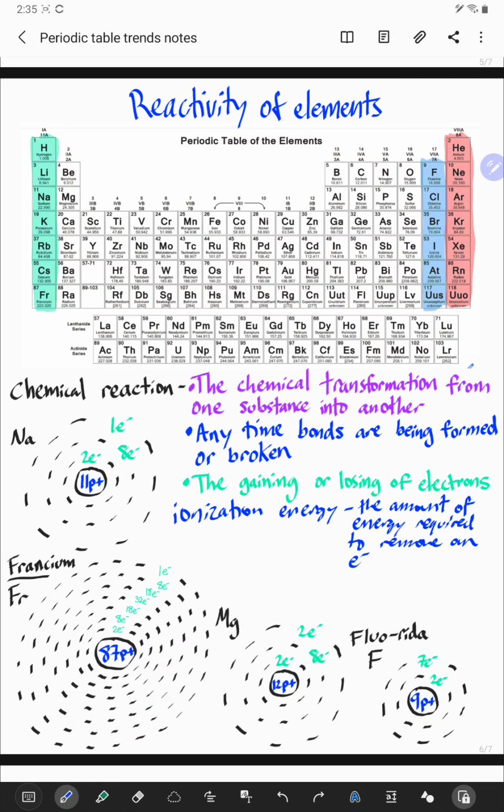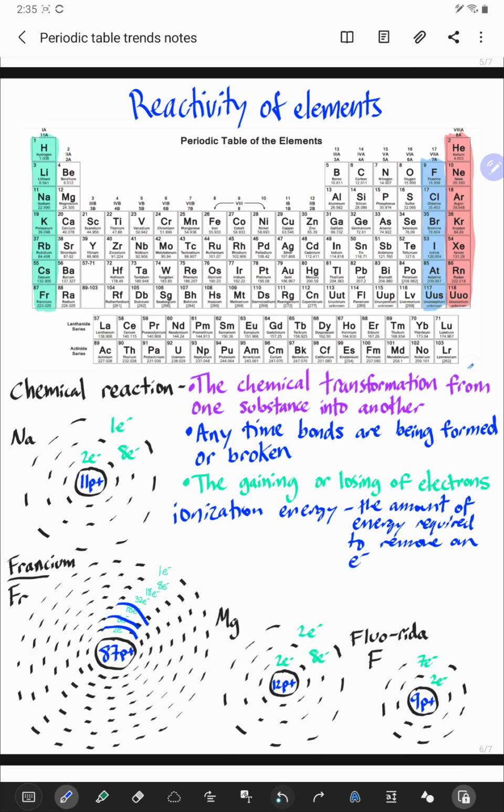It's pretty far from the nucleus, so the attracting force between that electron and the nucleus is pretty weak to begin with. Plus, we have 6 layers of electrons shielding that electron from being attracted to the nucleus.